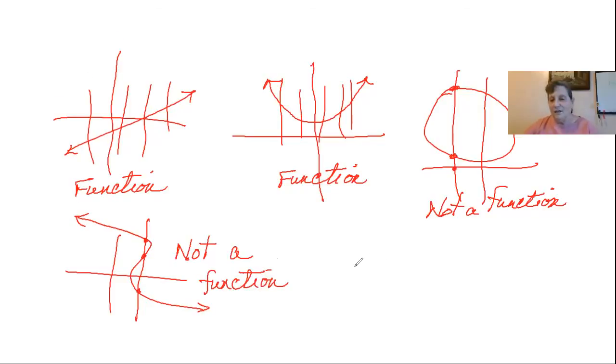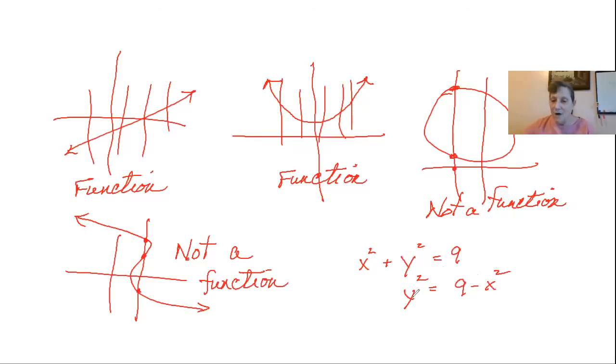If we had, let's look at an equation of a circle. If we had x squared plus y squared equals 9, and we solved this for y, we would have y squared equals 9 minus x squared.